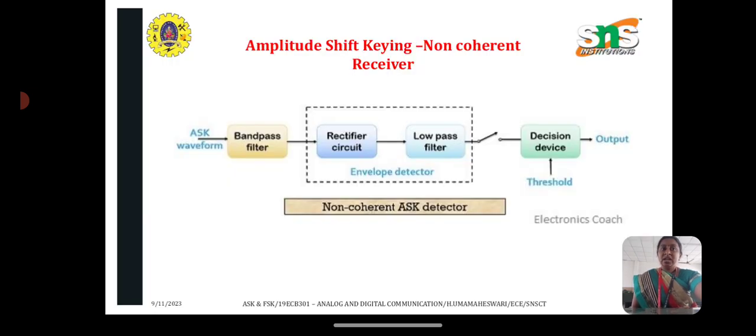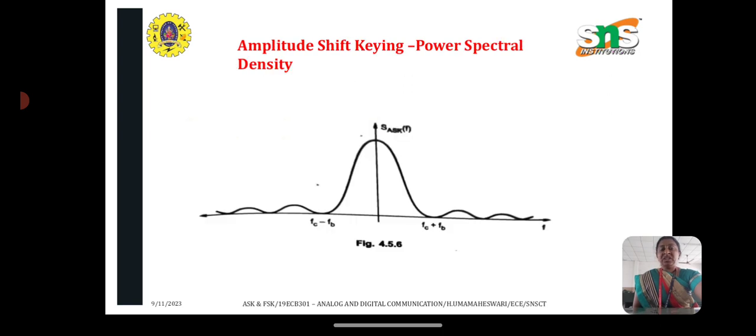Now the non-coherent receiver. In the coherent receiver we used an integrator and a decision making device, but in the non-coherent receiver we use only a filter and a rectifier circuit. Instead of the integrator we use an envelope detector, which consists of a rectifier circuit and a low pass filter. This is the power spectral density of amplitude shift keying.